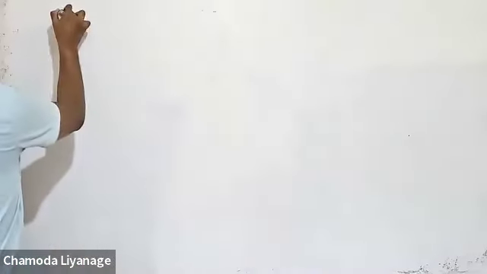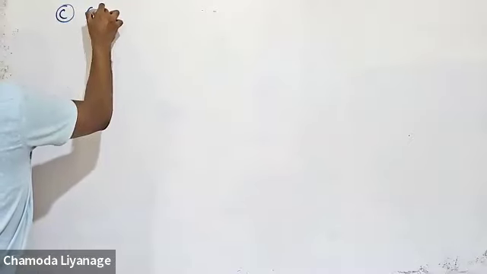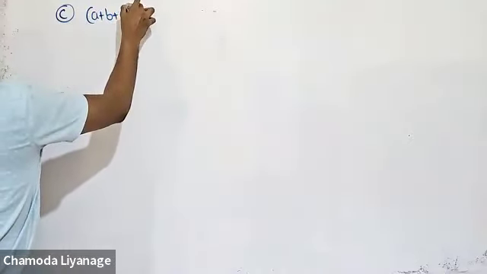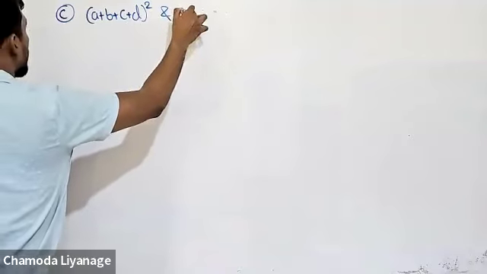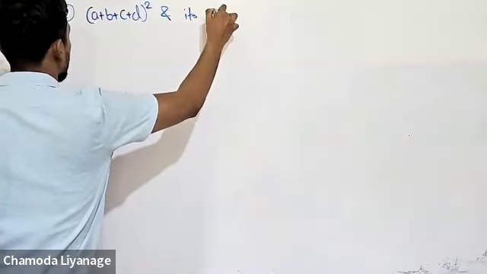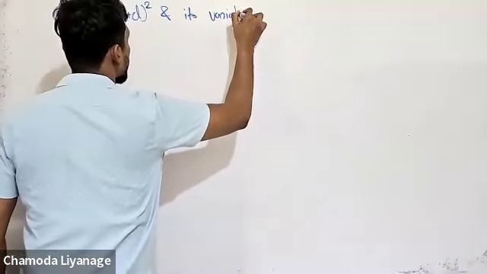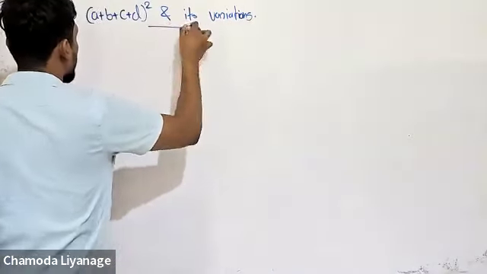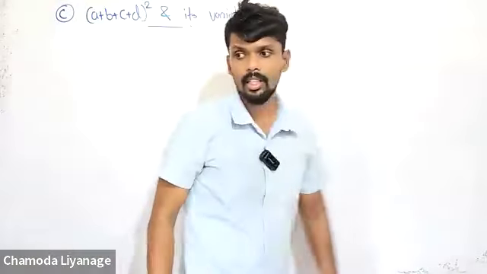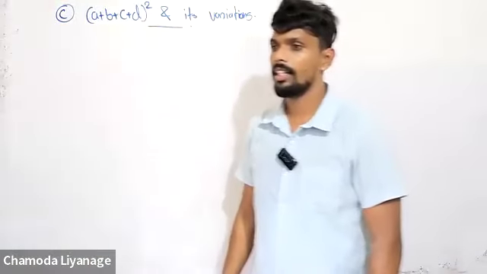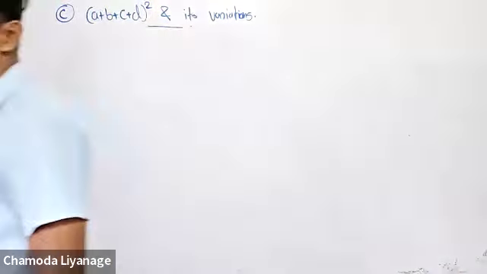Put C and write a plus b plus c plus d whole thing squared and its variations.